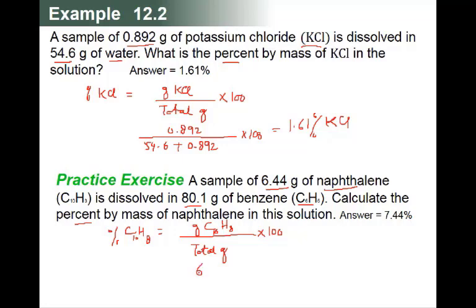Naphthalene is 6.44 gram divided by benzene 80.1 plus 6.44, multiplied by 100.